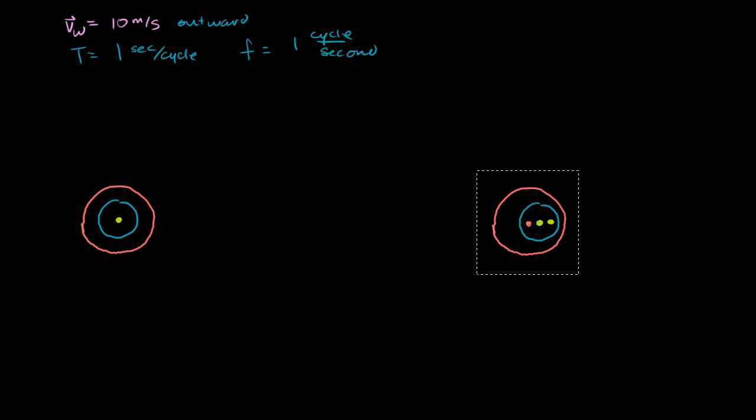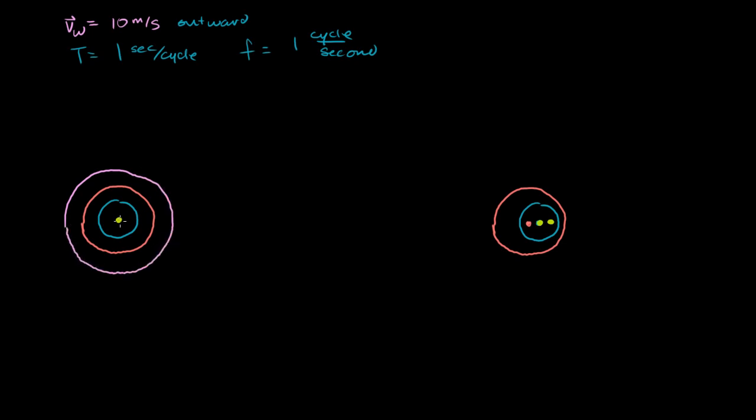Let's do this again. Let me use pink. So what about the crest that either of these sources emitted 3 seconds ago? Well, it would be 30 meters radially outward. So another 10 meters from the last one. So it will be out here, out there, just like that.